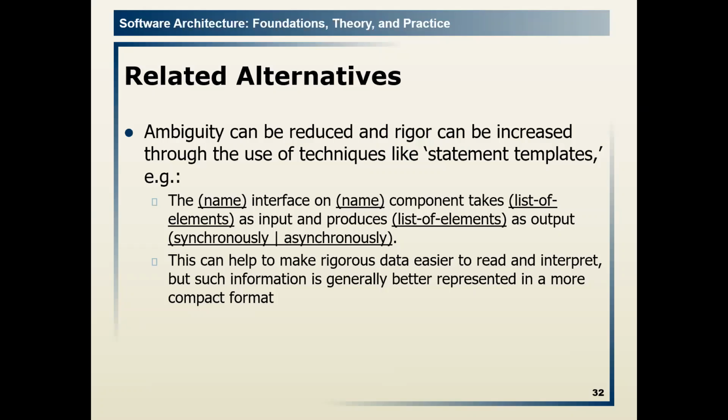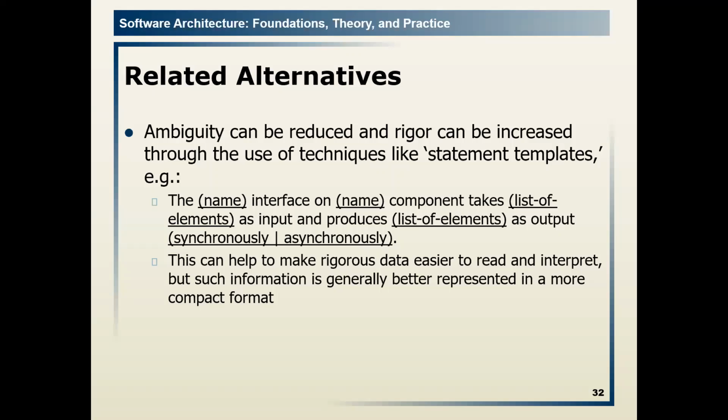So it limits the creativity of the architect, but it is better because it reduces the ambiguity. And it introduces rigor. It introduces a very low level syntax by specifying this statement template. So this can help to make rigorous data easier to read and interpret. But such information is generally better represented in a more compact format.